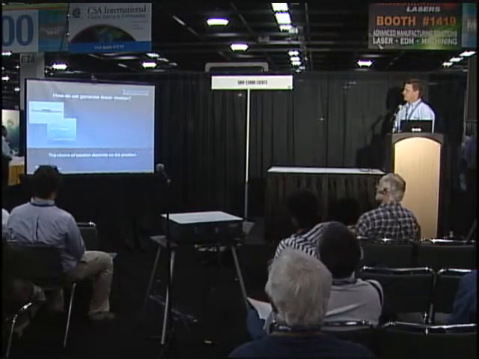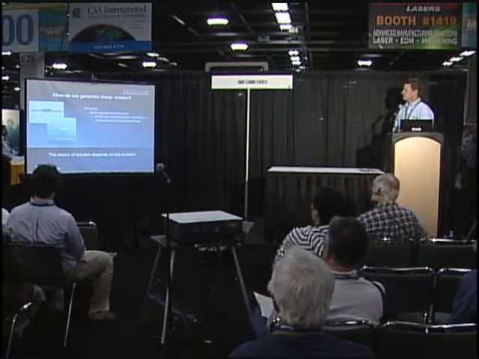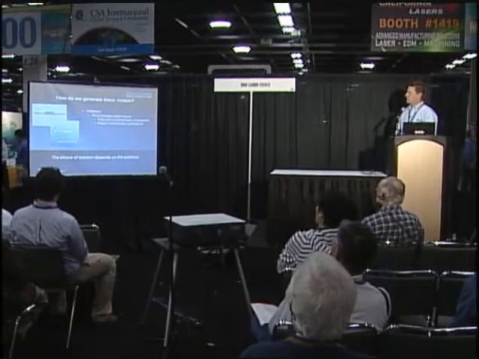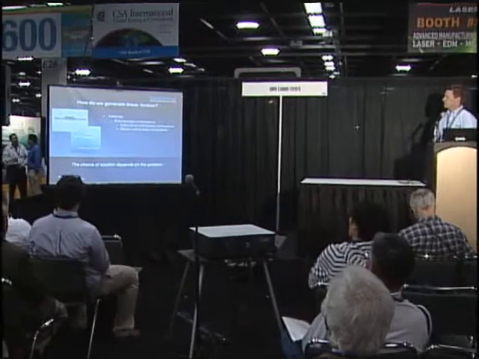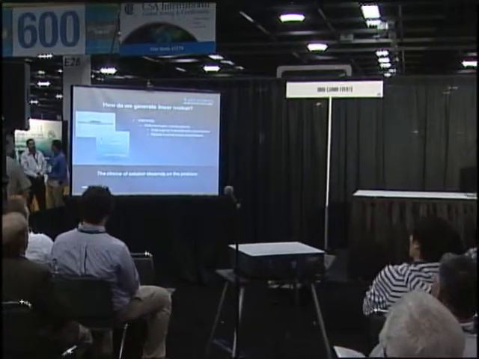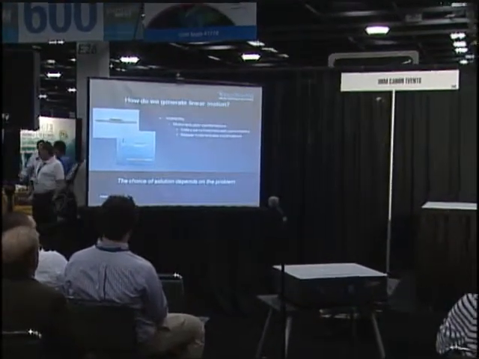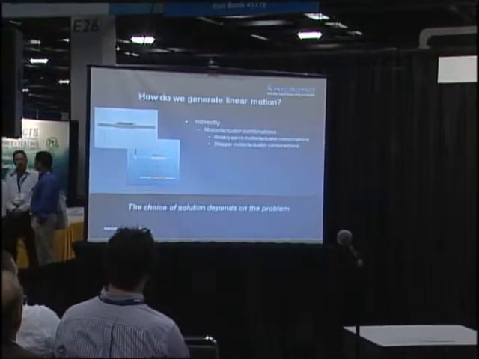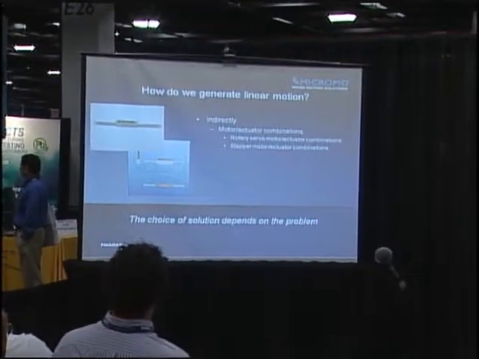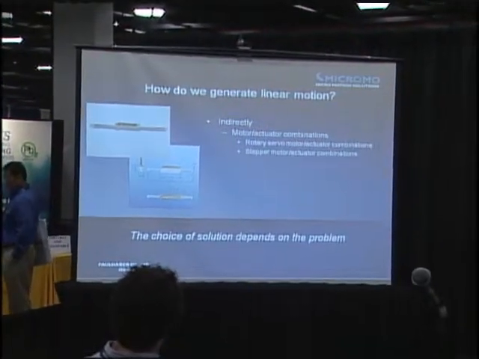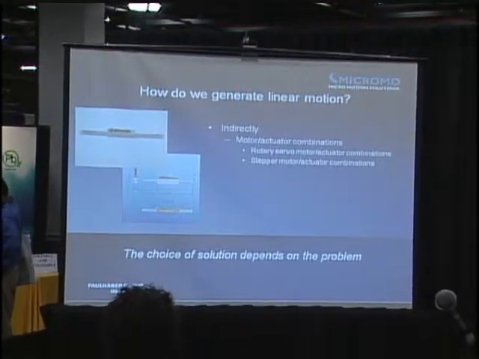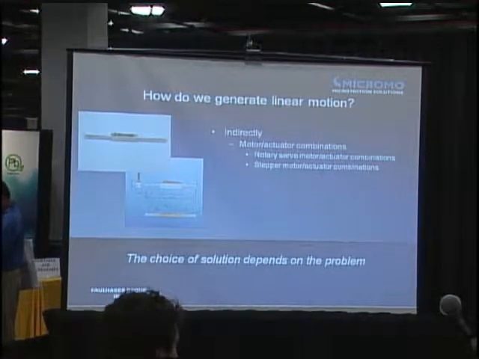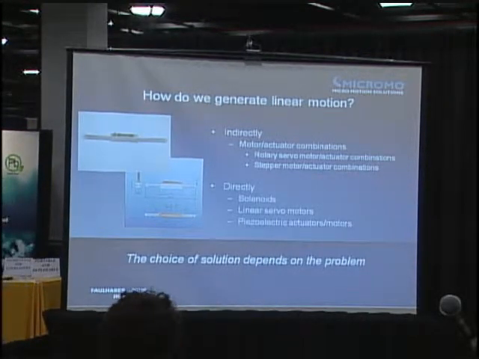And how do we generate linear motion? Bulk of it is usually rotary motion that is transferred to a ball screw, possibly, maybe a rack and pinion. We do a lot of servo motor applications. Steppers are also used in a lot of functions.